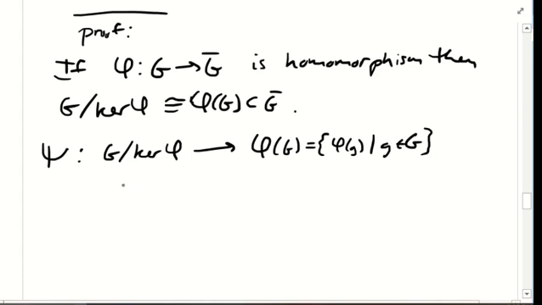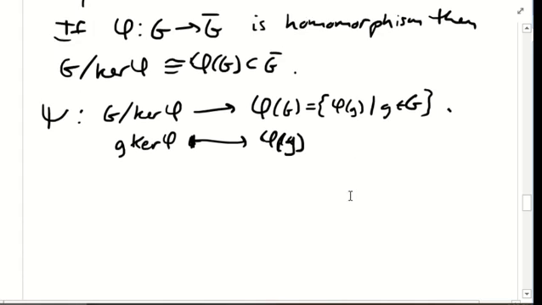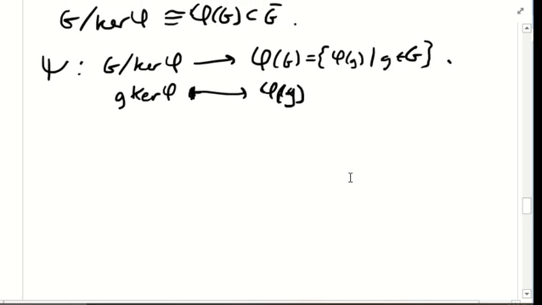Okay, so we take a factor group, or sorry, we take a coset of the kernel, map it to just the image, right? We need to show this is well defined, certainly, and operation preserving and one-to-one onto, right?